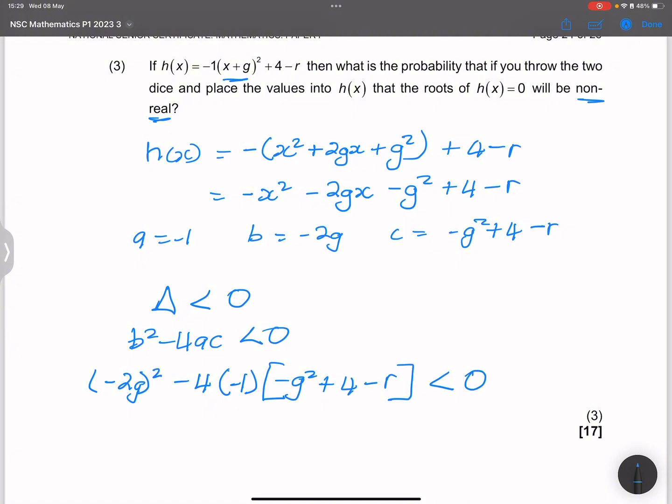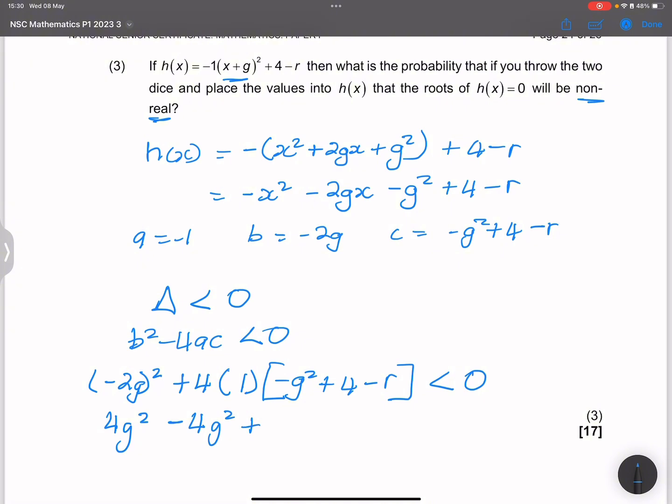So I'm going to try and simplify that. So this is going to be 4g squared, right? So negative times a negative will give me a positive. So I'm just going to remove those and just make that positive, right? So this is going to be 4 times negative g squared. That would be minus 4g squared, right?